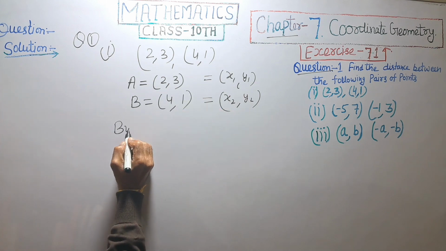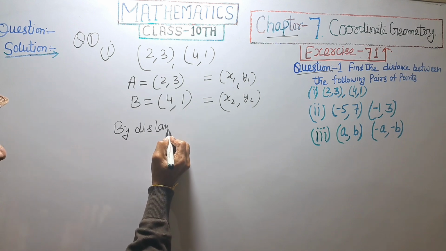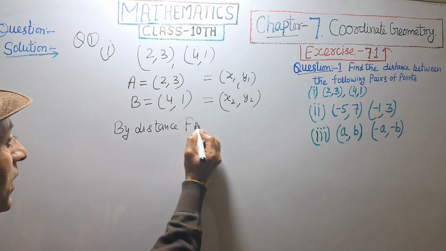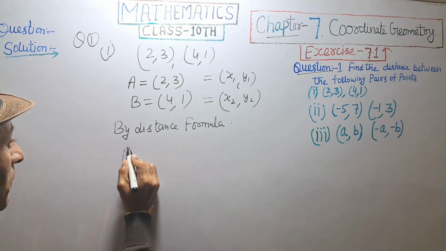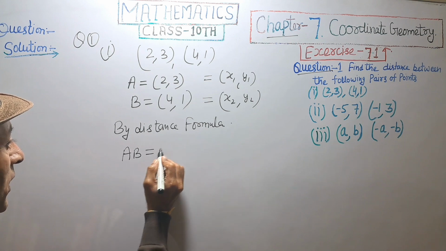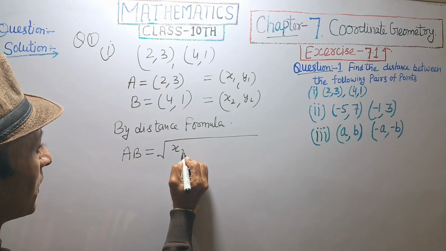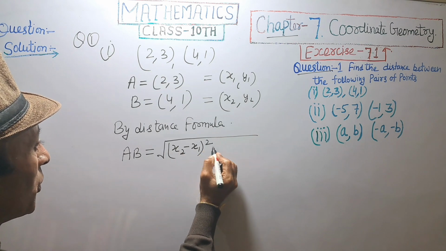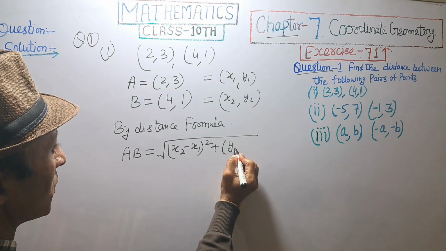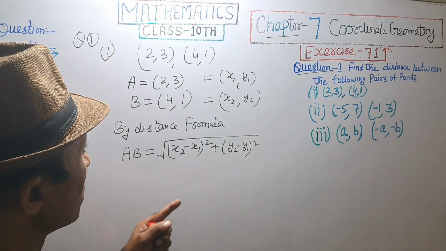By the distance formula, AB is equal to the square root of (x2 minus x1) raised to power 2 plus (y2 minus y1) raised to power 2.